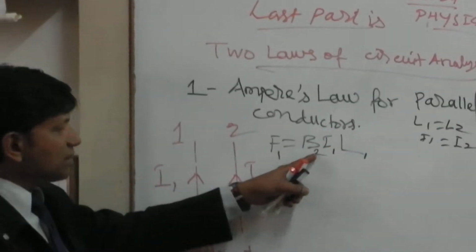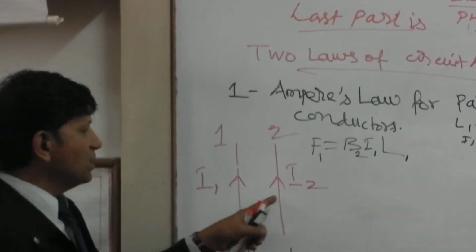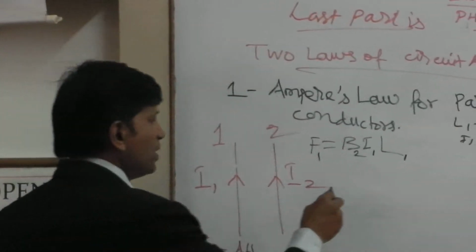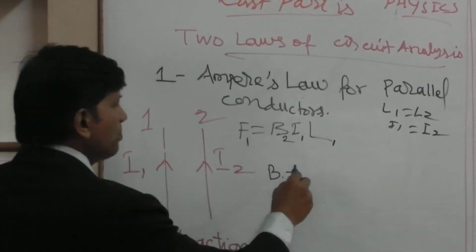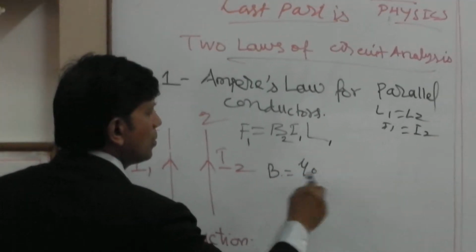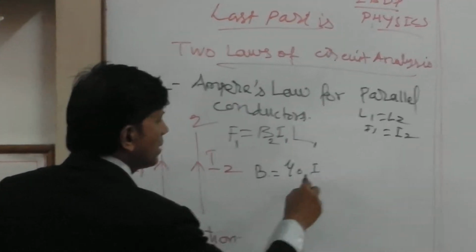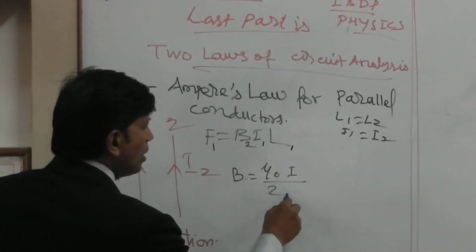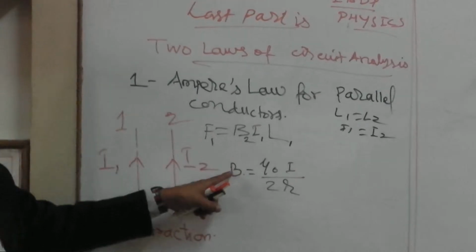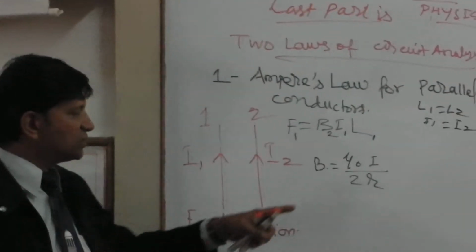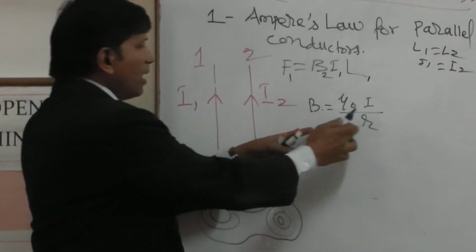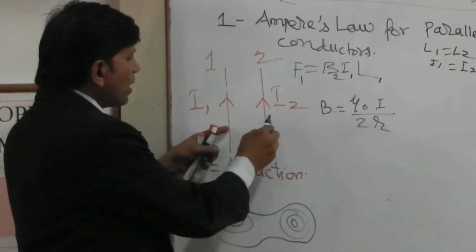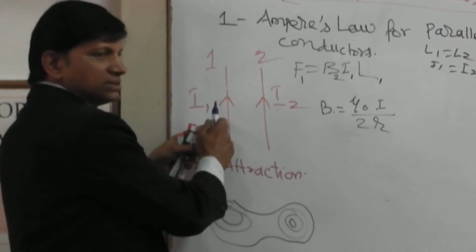Now, what is the magnetic field produced by a current carrying conductor? There is a formula that B in general is given by mu0 I upon 2R. Here mu0 is a permeability constant, I is the current carried by the conductor, and R is how far this conductor is away from this.